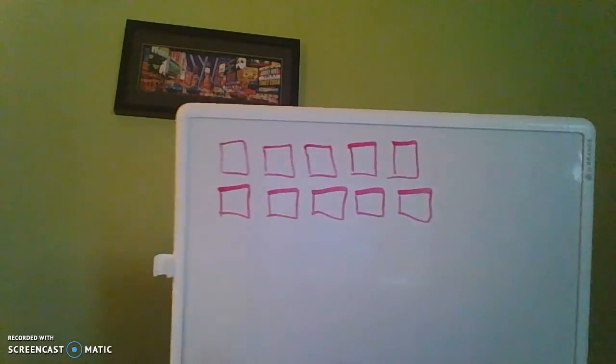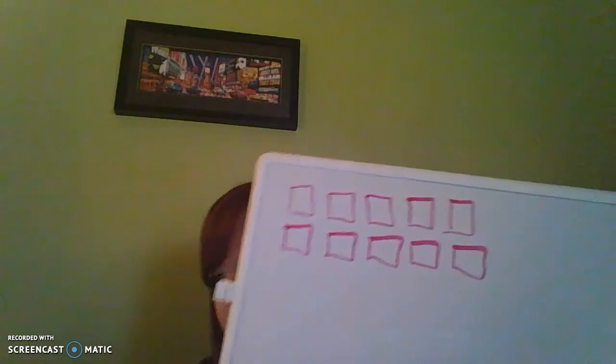So I have 10 cars, and 9 drove away. 9 drove away, and 1 is left. So you need to move all 9 manipulatives away, or you need to cross out 9. And you'll have how many left? 1.